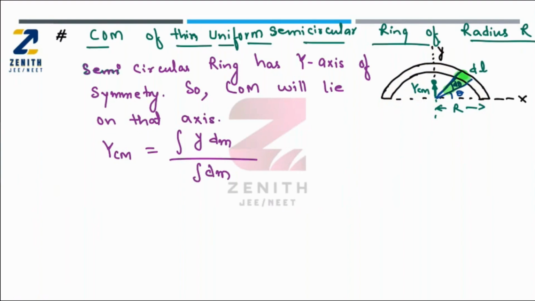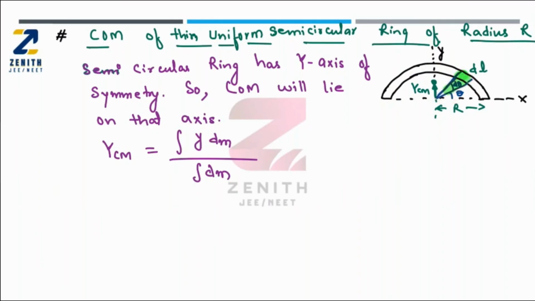Now you have to first of all consider the dm. What will be the dm mass? So this is basically a semicircular ring. I will take a small element at an angle of theta, and this small element is making an angle of d theta at the center.